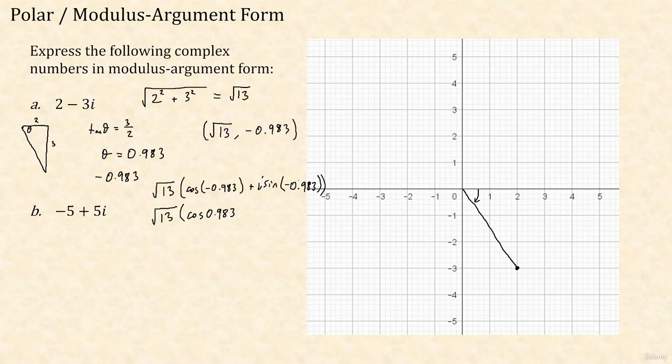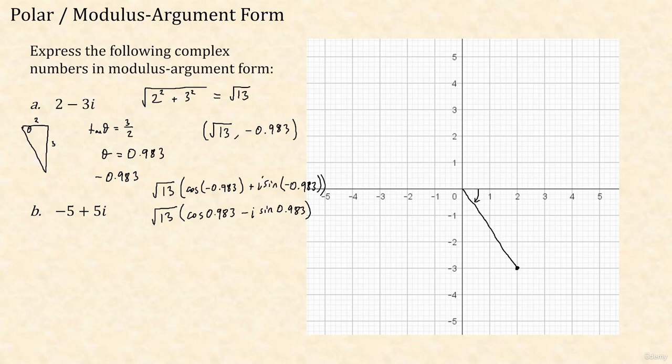And sine has the opposite property, where if you do sine of a negative number, it's the same as minus sine of the positive. So you'll sometimes see this, but this isn't actually modulus argument form. This is modulus argument form, where it's crystal clear that we have the modulus on the outside and we have the argument inside here.